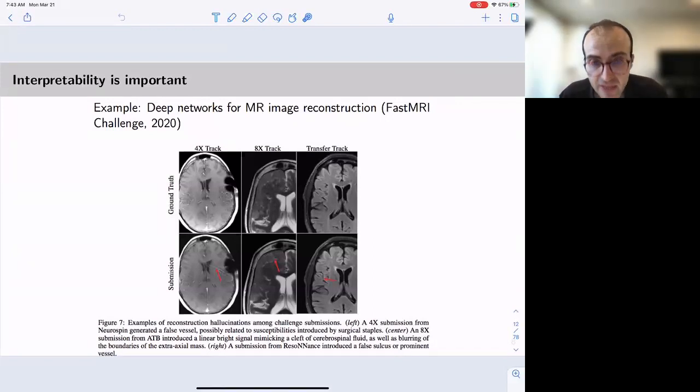Since it sees tons of images like that, it can actually memorize textures and patterns, and it can reconstruct it with that hallucinated texture. Of course, this is unacceptable, right? And simpler methods like convex optimization-based reconstruction methods, they don't do this because they're quite simple. Maybe they don't work as accurately, but you can trust those methods perhaps better.